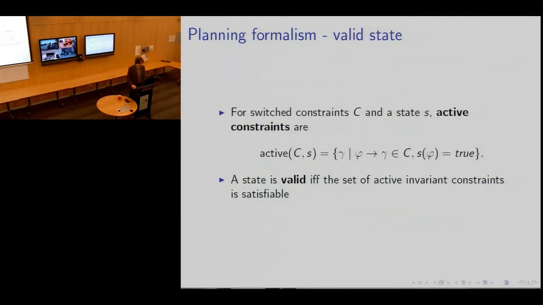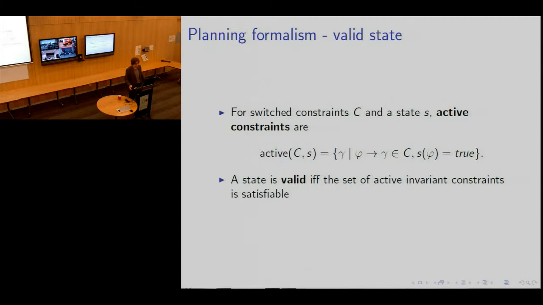Now, in a given state, our switch constraints can be either active or inactive. So given a constraint of the form, some trigger implies gamma, if the trigger evaluates to true in a given state, then we say that the constraint is active.